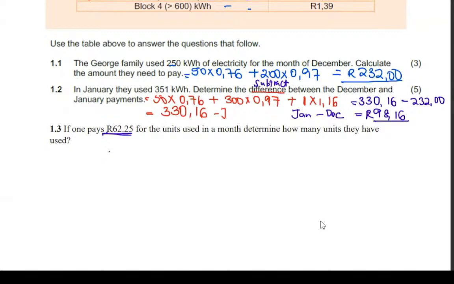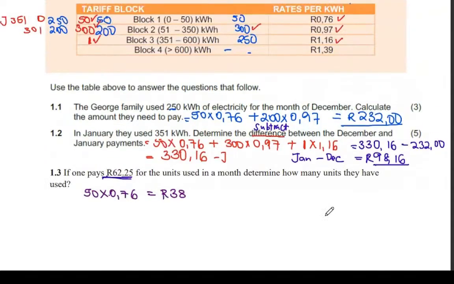So if the person has used 50 units, they have only paid 38. You see that? So what about if they use the 300 units in bracket number 2?